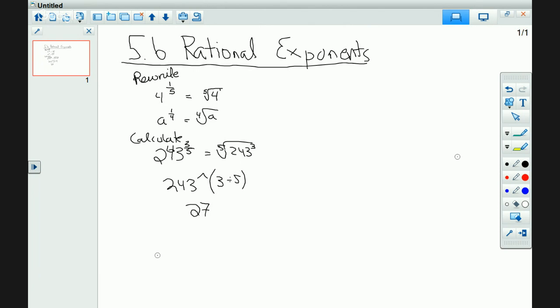I just put 5 in there. Yeah, you could also do 5 root of 243 to the 3rd. Lots of ways to write this problem out in your calculators. Use whichever one you prefer.